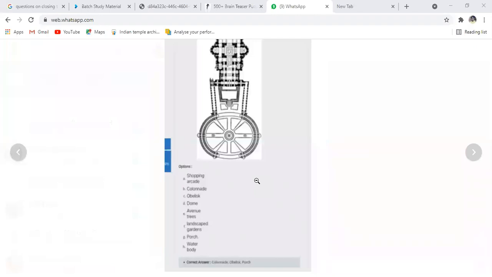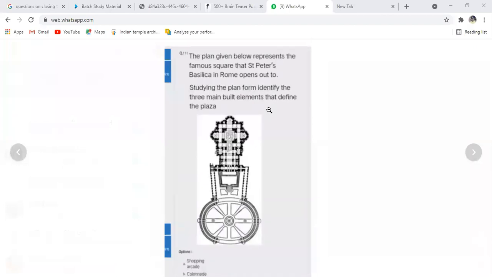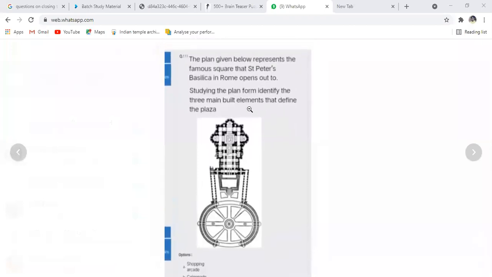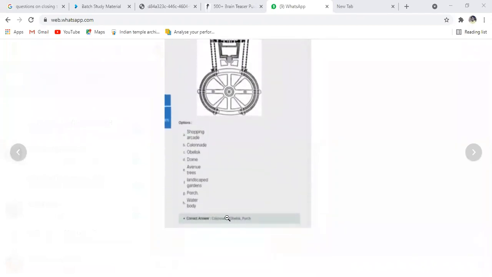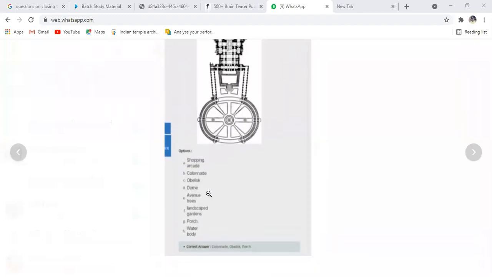So while you are looking at this option, first of all, you have to study the plan and identify what it is. Identify the three main elements that define the plaza. Sir, what does this plan have? Does this plan have the dome? Yeah, this plan will have a dome actually. They have not written it in the correct answer section, but the dome will also be one of the correct answers.